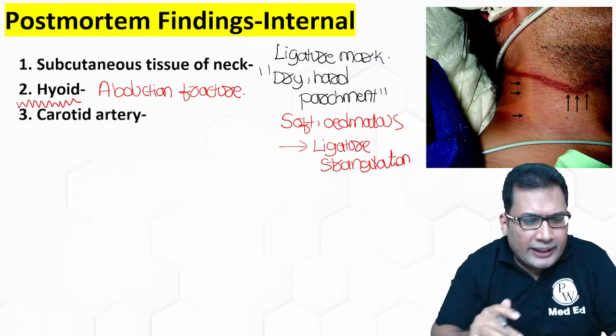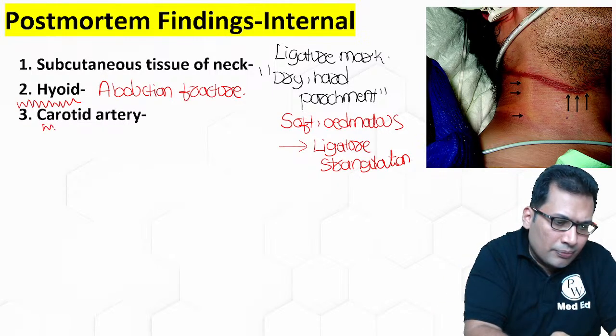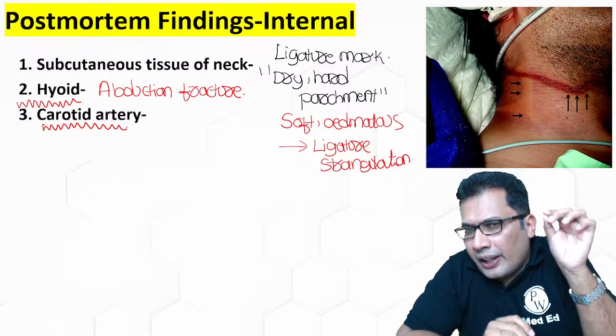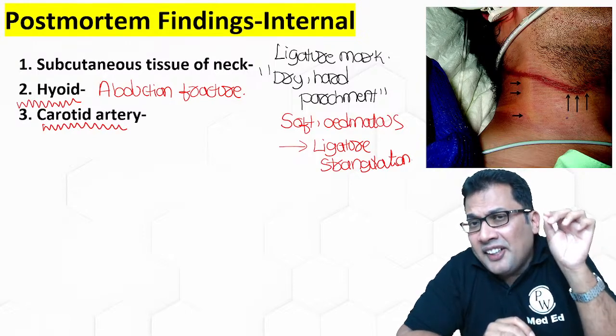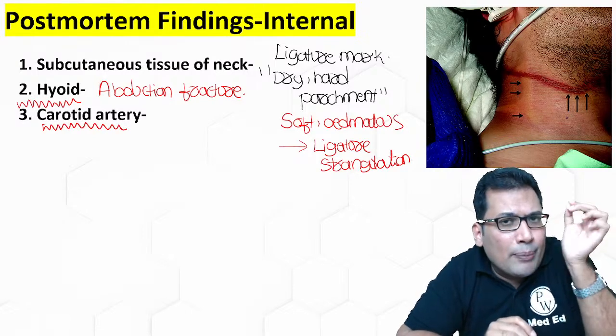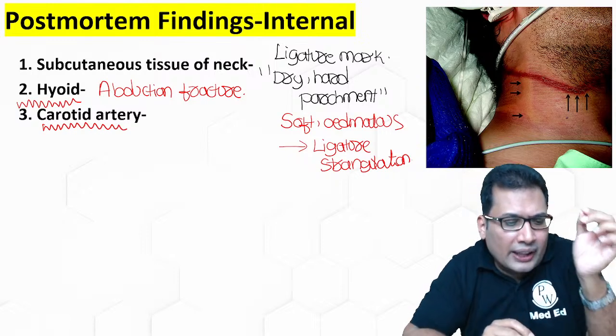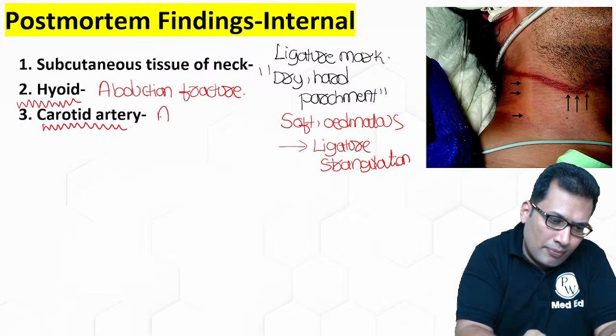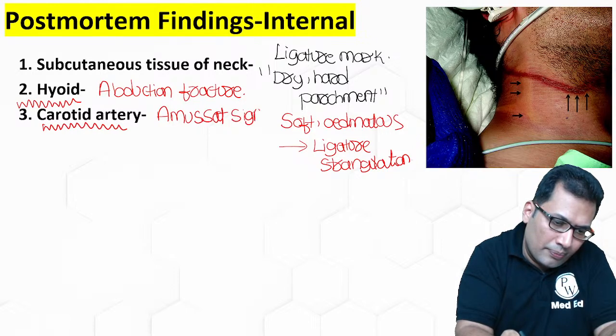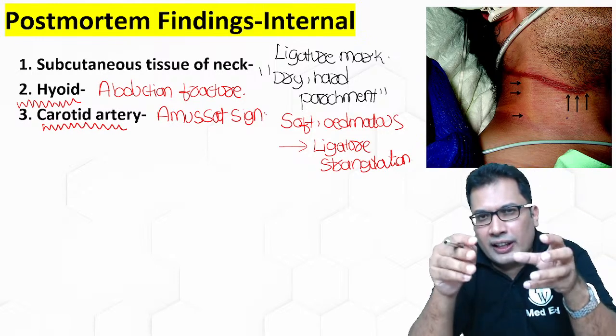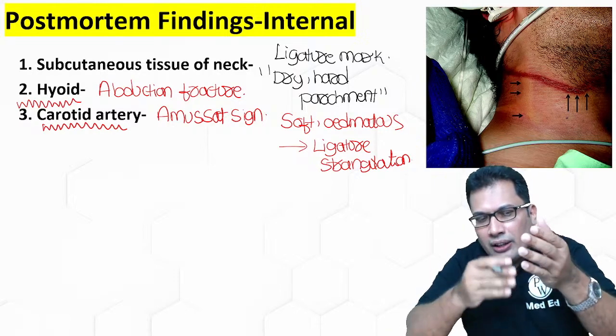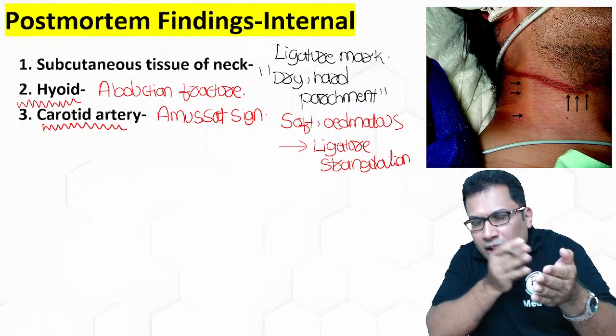The point number 3, carotid arteries. When you see the carotid artery, there can be an intimal tear. The intimal tear is known as Amussat sign. So in case of hanging, when you see the carotid artery, in its intima you will see a tear.